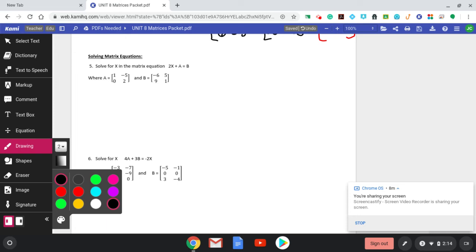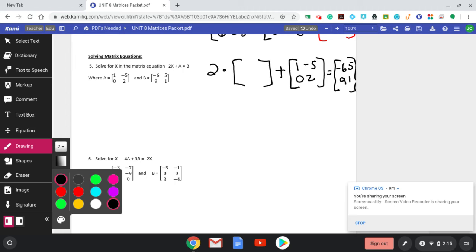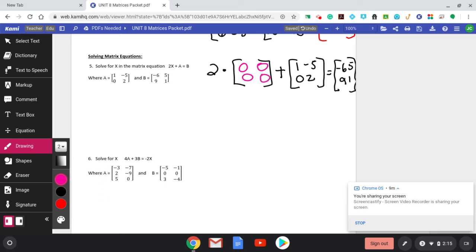So just so you know what we're about to do, it's saying 2 times what matrix, what number should go in there, plus matrix A will give me matrix B. So we have to come up with a 2 by 2 matrix here, figure out what these values, these aren't zeros, just circles there, fill in the blanks, what needs to go in there. Okay, so we're creating a whole new matrix there.